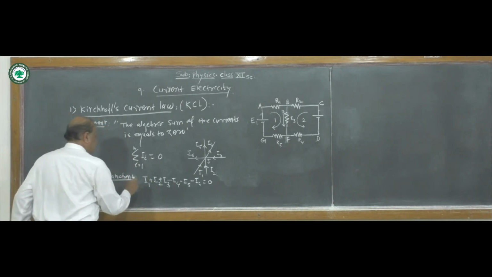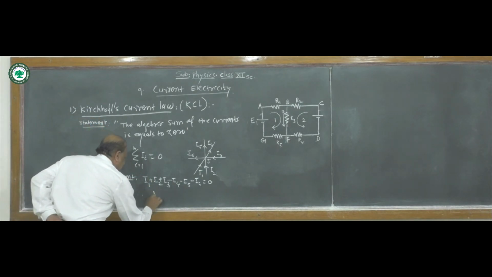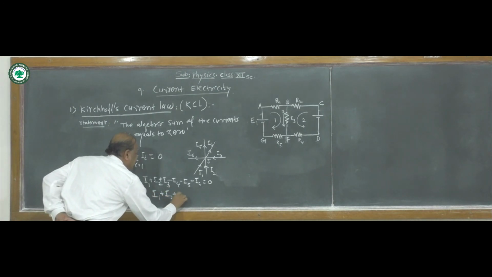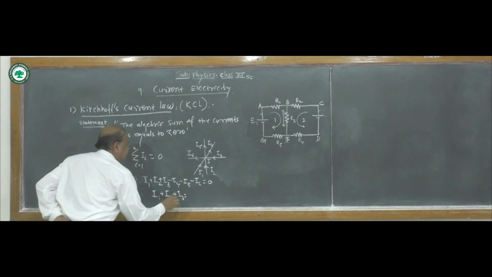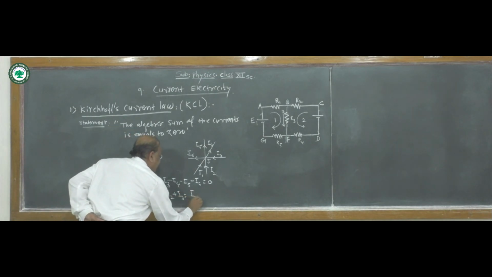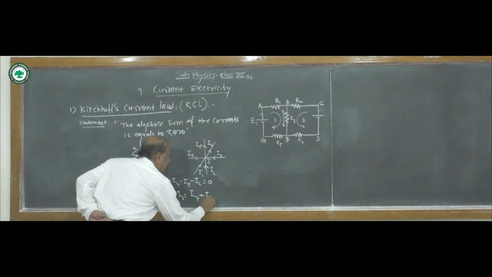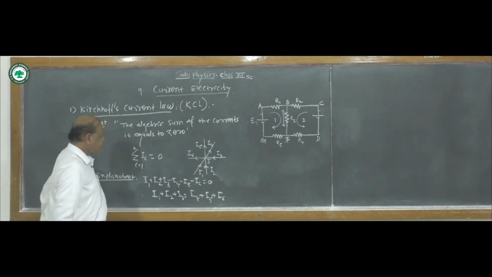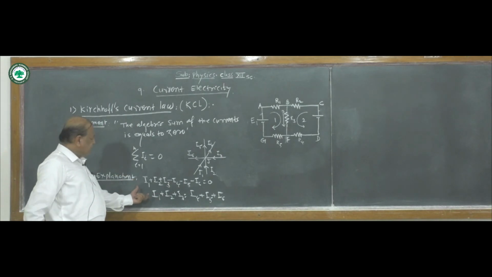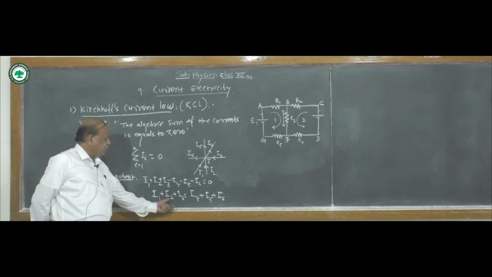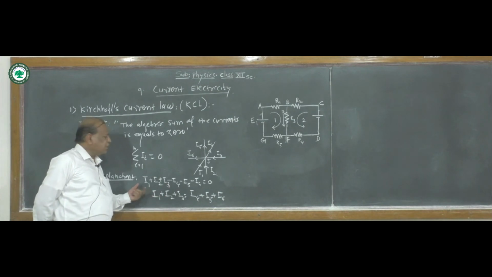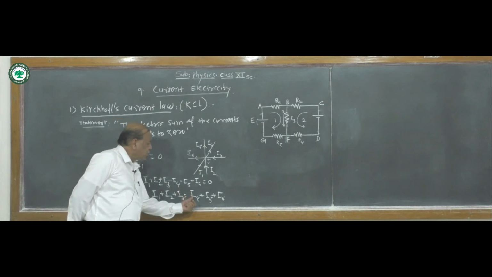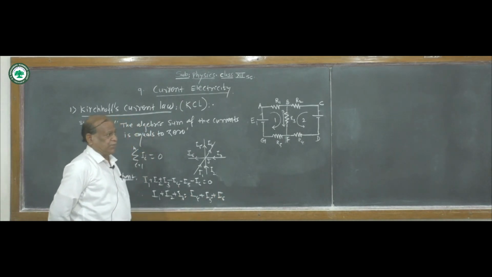Again write this equation: I1 plus I2 plus I3 is equal to I4 plus I5 plus I6. What is this LHS? I1 plus I2 plus I3, the current entering the junction, is equal to the current leaving the junction.